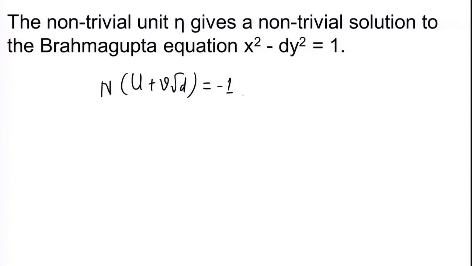If the norm is minus 1, then the norm of the square is going to be plus 1. If eta, which is u plus v root d, is a non-trivial unit, its square is also non-trivial, it cannot be trivial because then eta will have finite order. So, eta square will give you a non-trivial solution to the Brahmagupta equation.